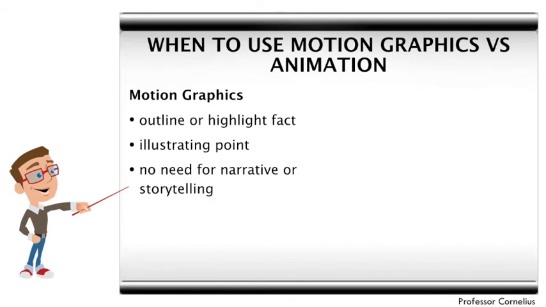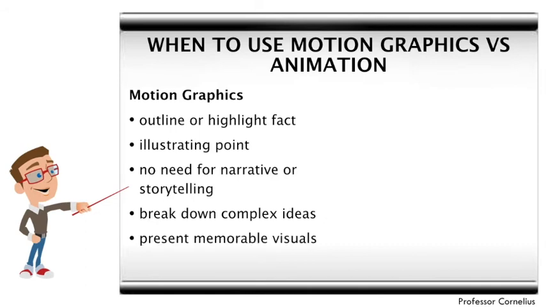Motion graphic videos can break down your complex service or products, presenting them in a way that is easy to remember. Remember, motion graphics are at the core visual aids, so they excel at teaching hard to understand ideas through visuals.